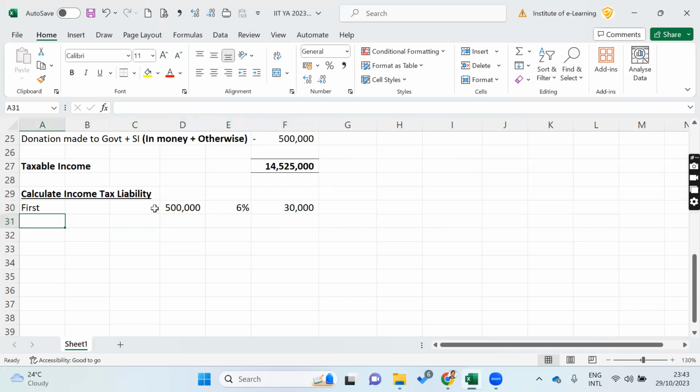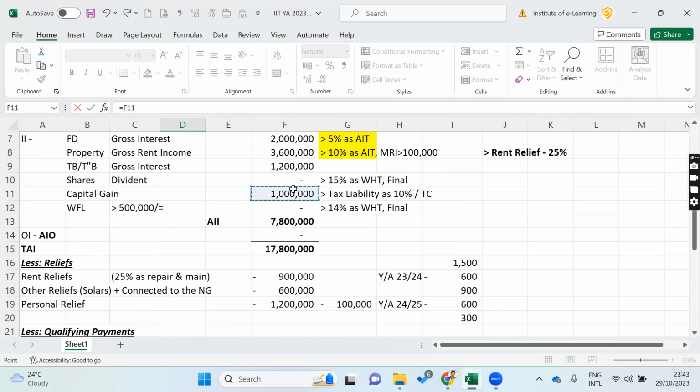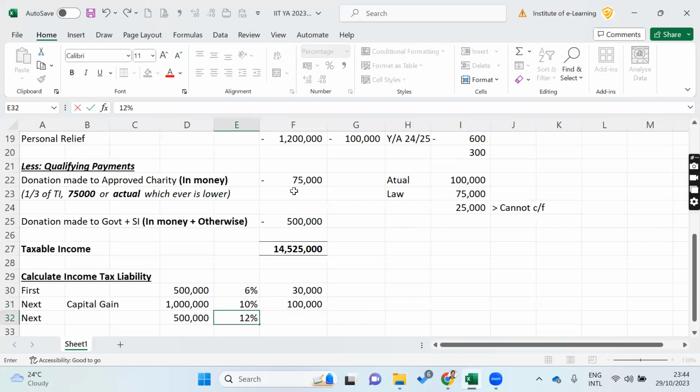Then the next would be 1 million. Why? Because you have capital gain. Capital gain I will take here. I will mention capital gain for your easiness. 1 million. Again, this one is 10%. Right? Then next, again 500,000 into which percentage? 12%.